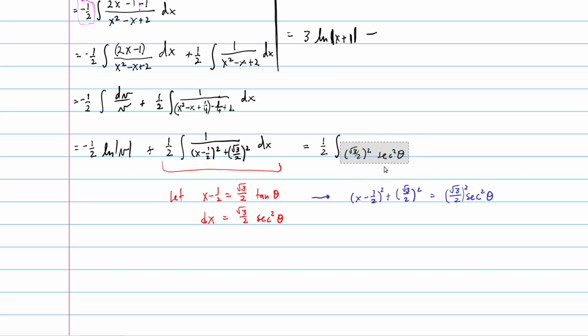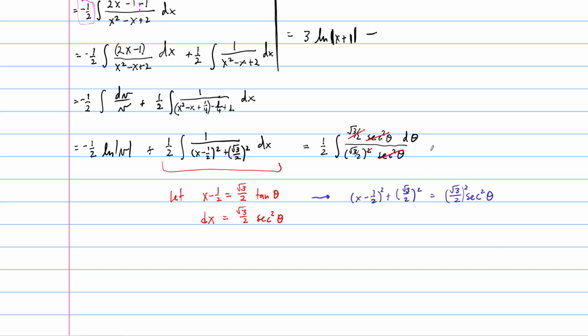All right, that's in the denominator. And in the numerator, we've got our d theta, so that's root 3 over 2 secant squared theta, d theta. And look at this. These cancel. 2 of these cancel, right? Or one of these 2 cancels.